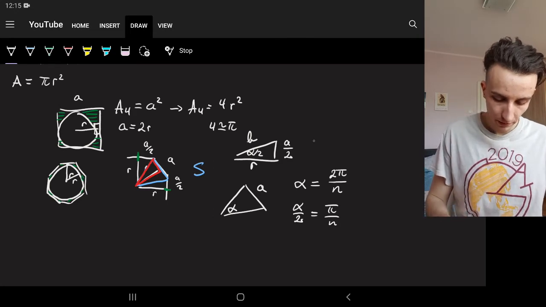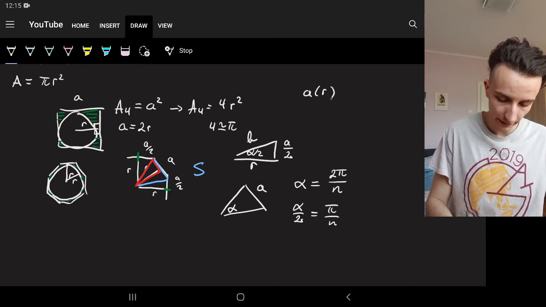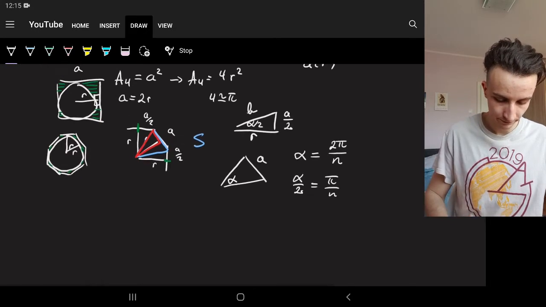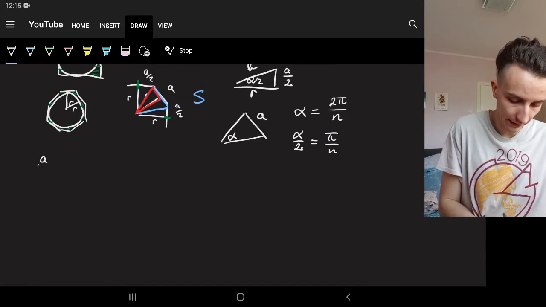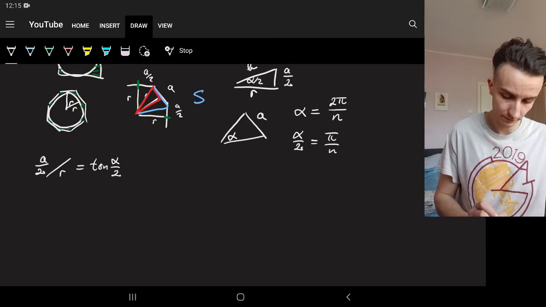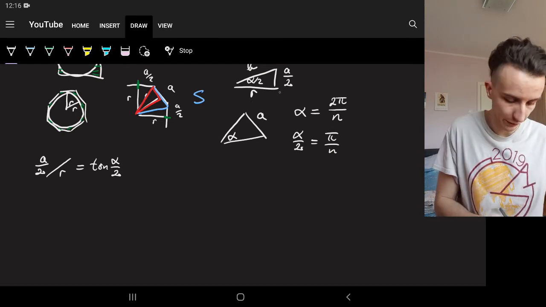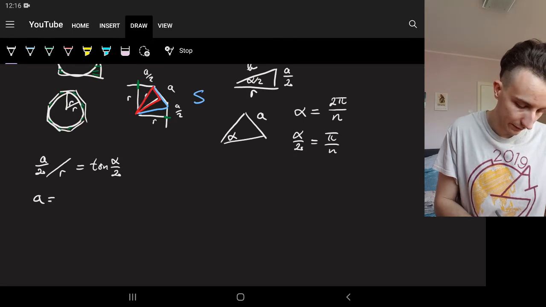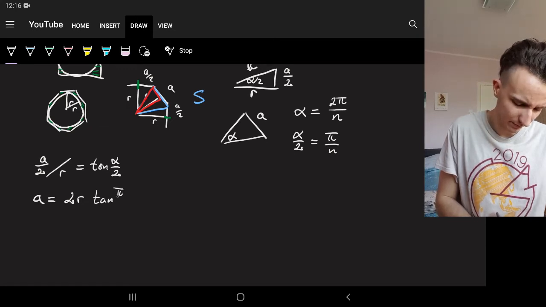And now from here, we want to get a as a function of r. From this triangle, we know that a half over r is tangent of alpha over 2. If we just rearrange everything and plug in for alpha, we get that a is 2r times tangent of pi over n.